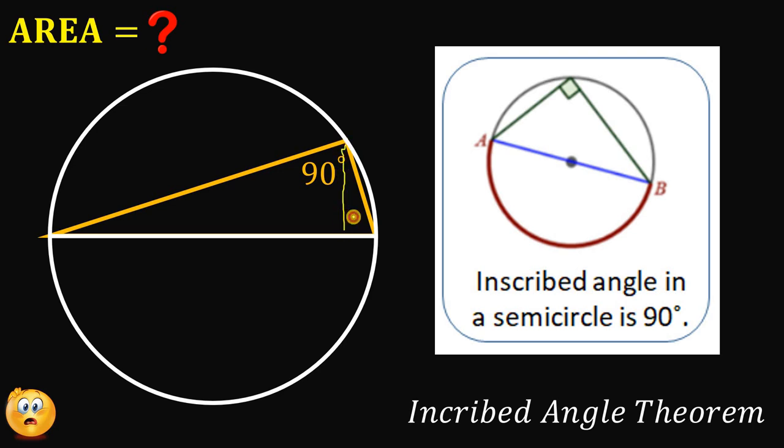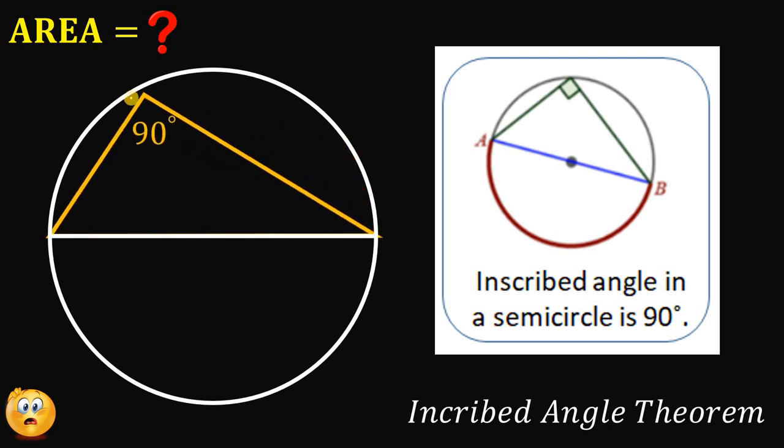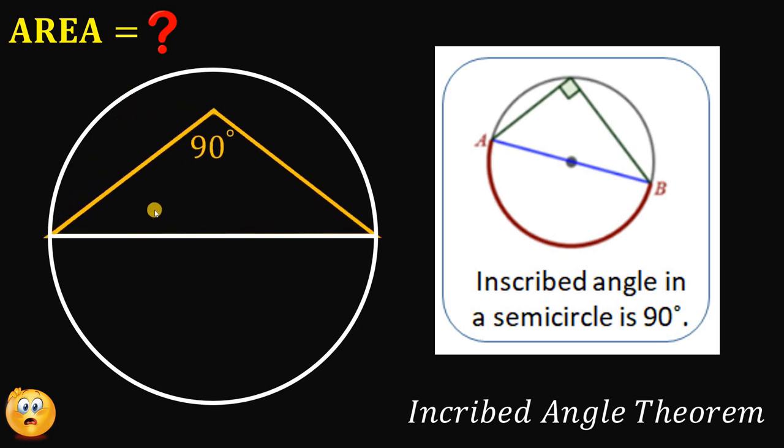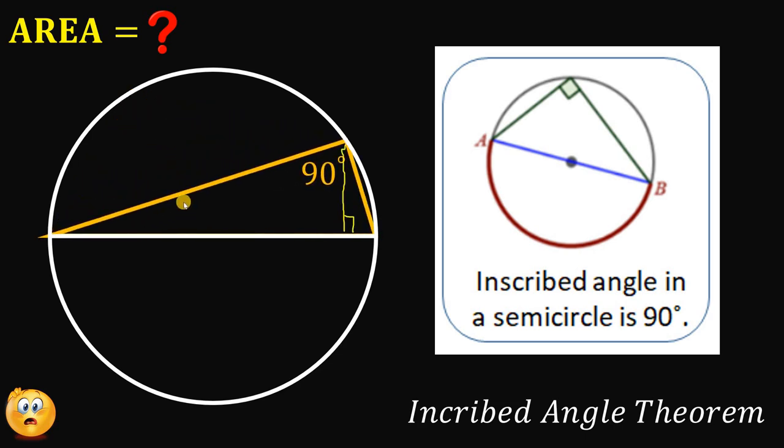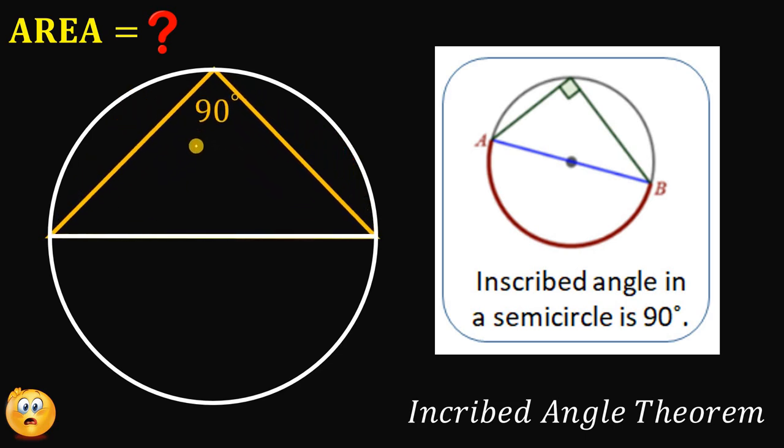So this is not the maximum height. This is not also the maximum height. But the maximum height occurs when we have a right triangle like this, or simply these two sides are equal, or we have an isosceles right triangle.